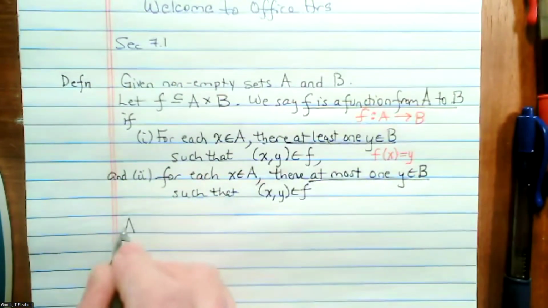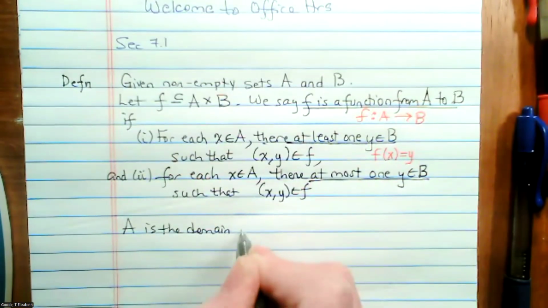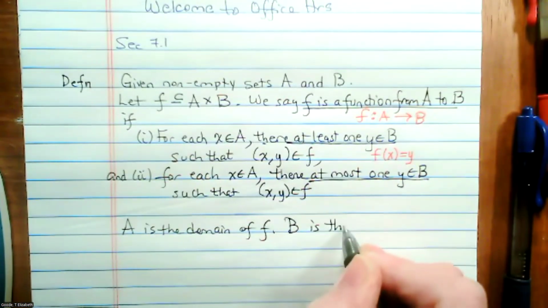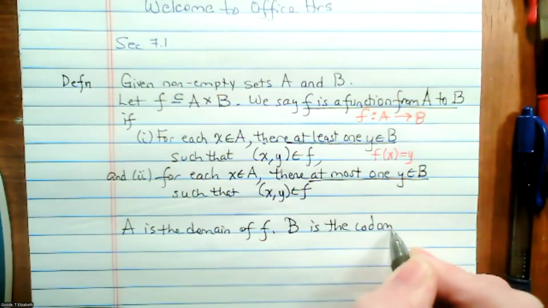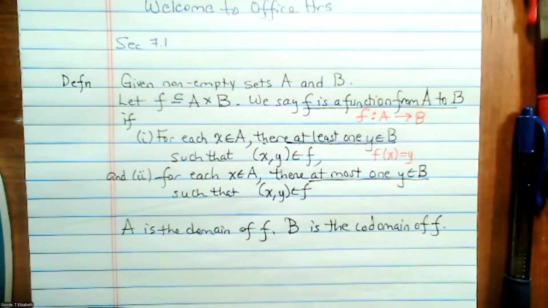So A is the domain of F. B is the codomain of F. Maybe you used to call that the range when you were in high school, but it's really the codomain.